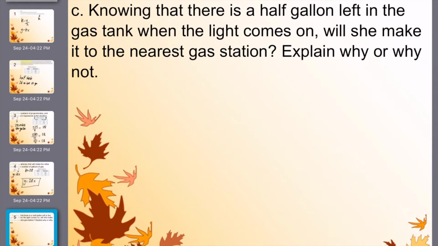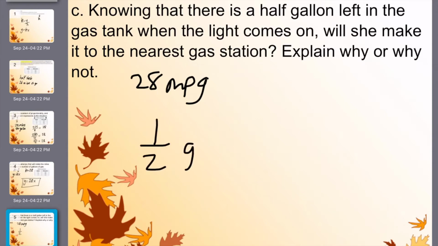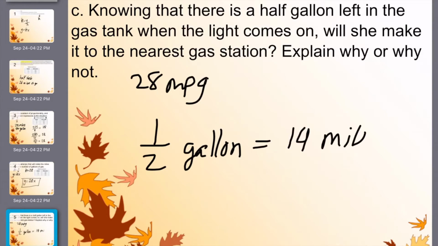Knowing that there is a half of a gallon left in the gas tank when the light comes on, will she make it to the nearest gas station? Explain why or why not. Well, she gets 28 miles per 1 gallon, and there's only a half of a gallon left, so in a half gallon she would be able to travel 14 miles.